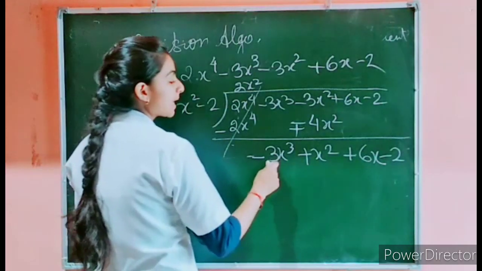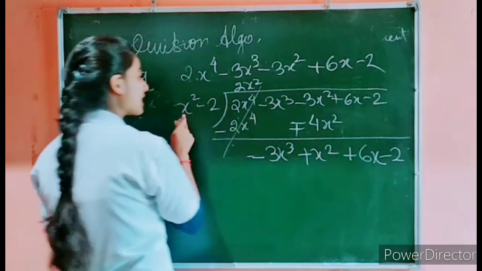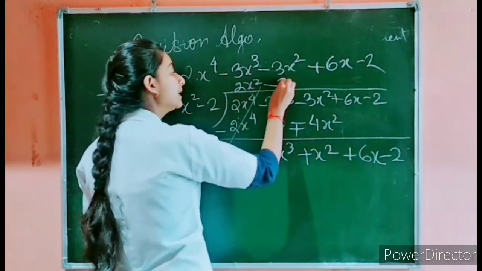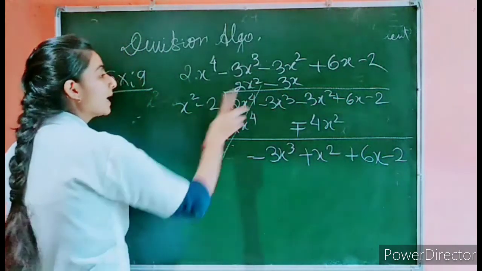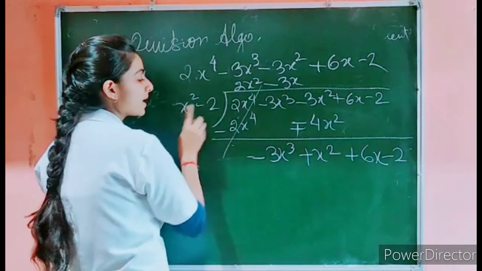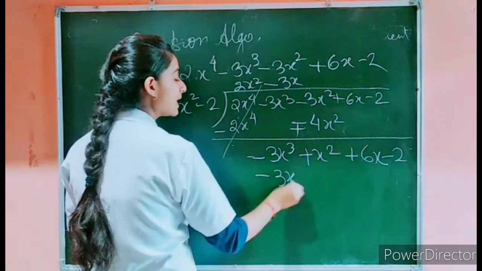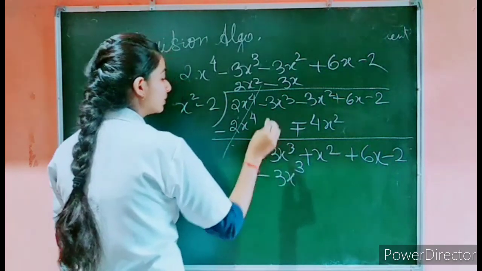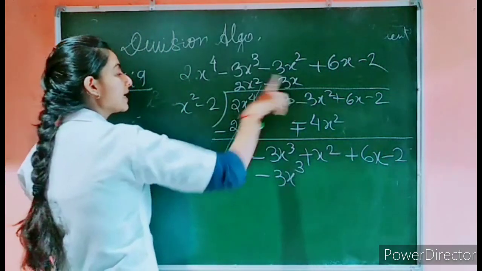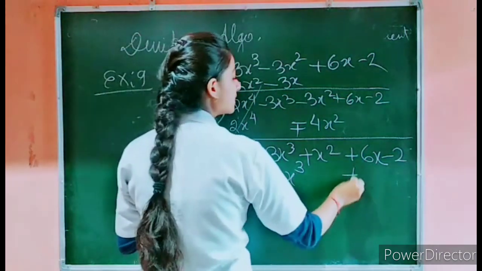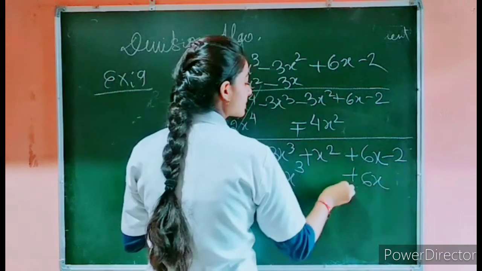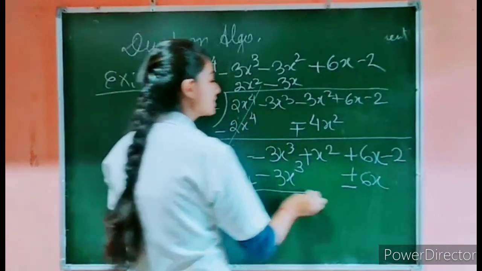Now here is minus 3x cube, here is x square, so we will multiply minus 3x. So minus 3x into x square, we get minus 3x cube. Now minus 3x into 2, we get plus 6x. Now the sign will change.